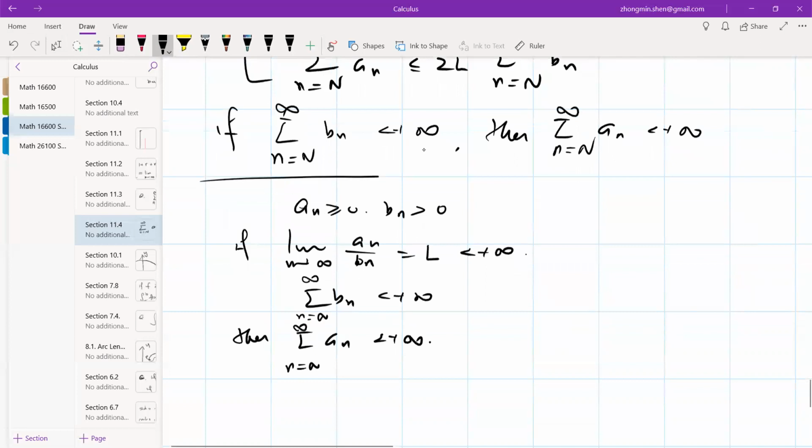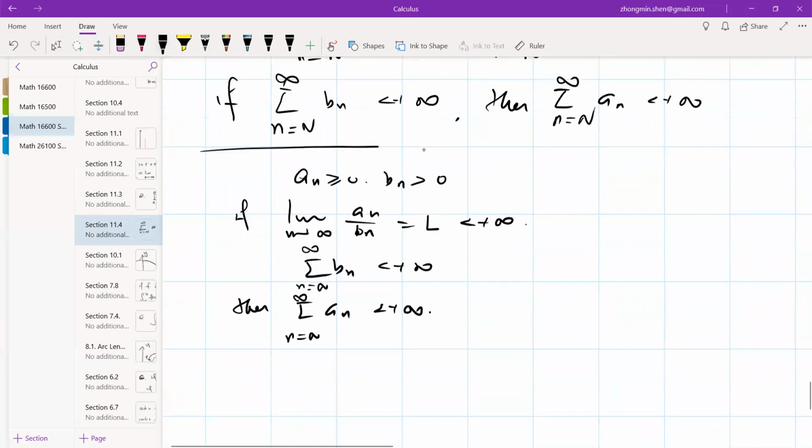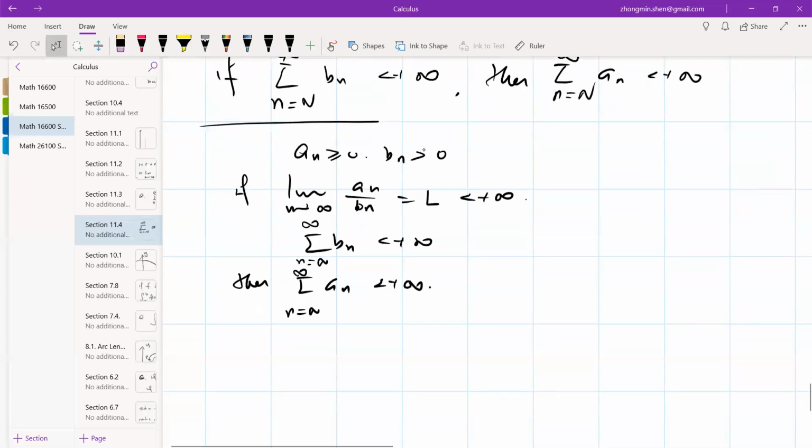This is the comparison theorem, just in one direction. Now, there's another version where L is positive, between 0 and infinity. Then the convergences are equivalent. This is the first version.